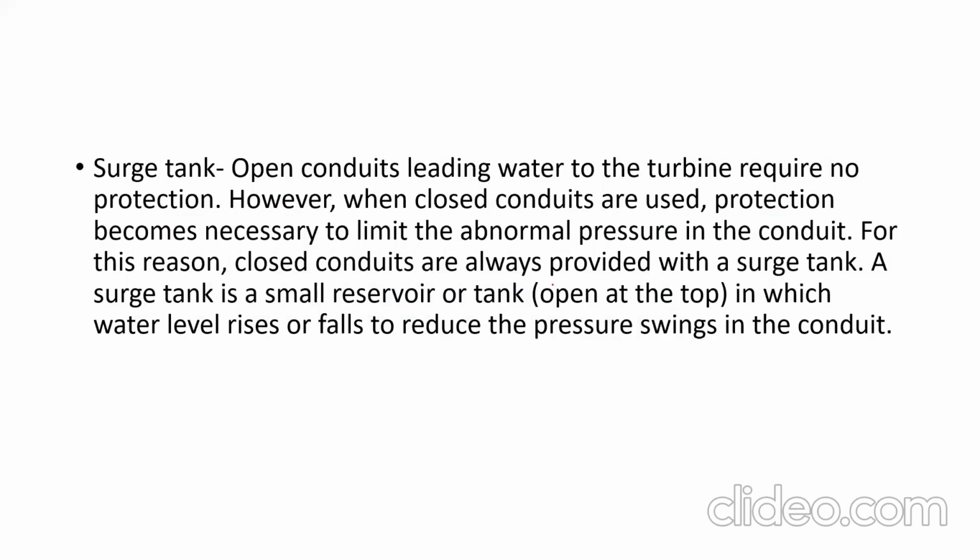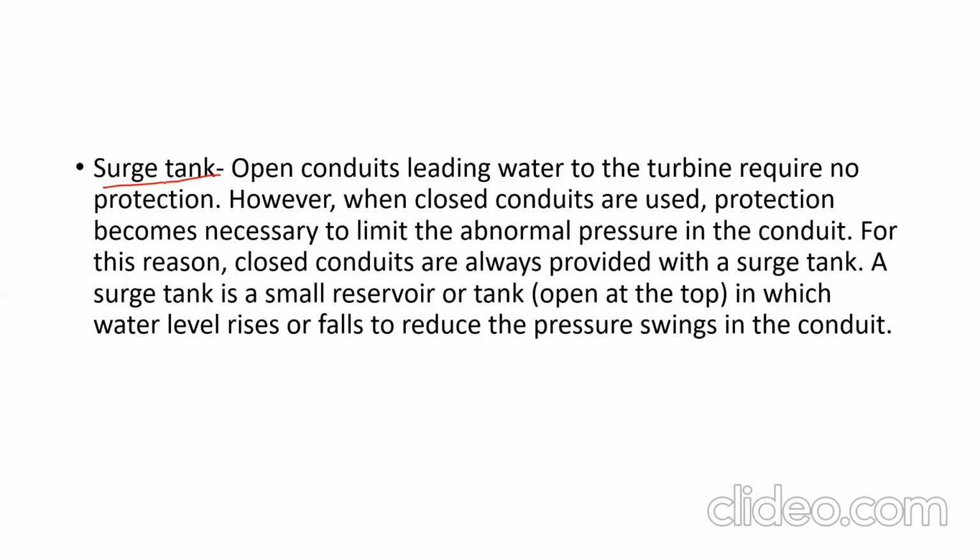Next is the surge tank. Next part is the surge tank. Obviously, the surge tank is provided to relieve the penstock from high pressure when the turbine is off. When the turbine operation is abruptly off, in that case the surge tank is used.